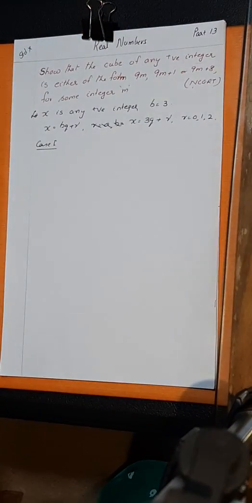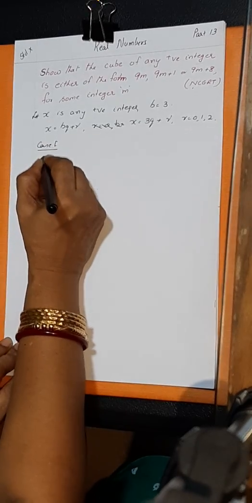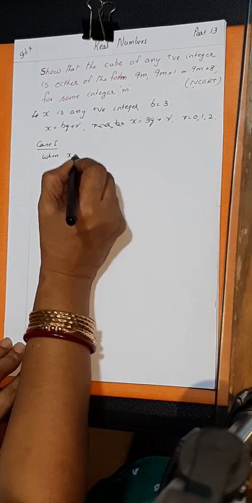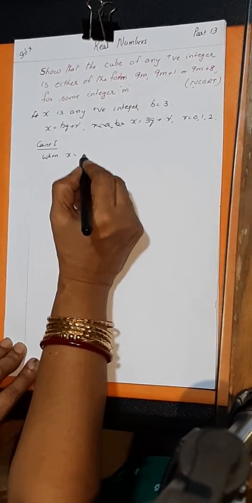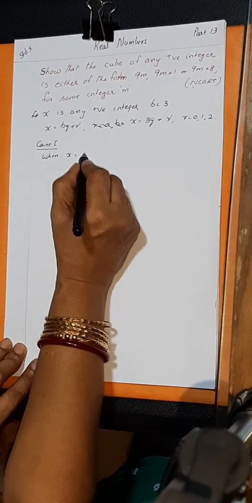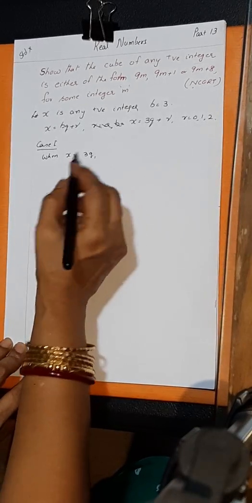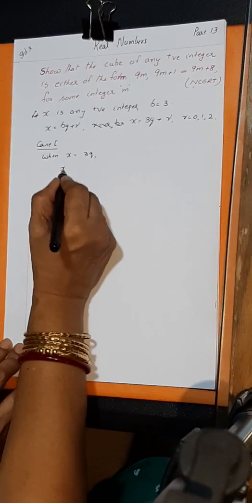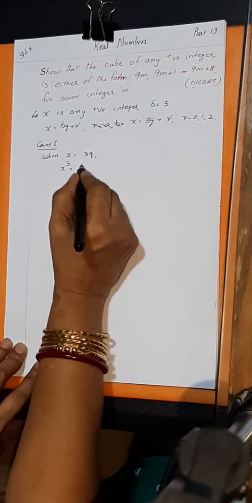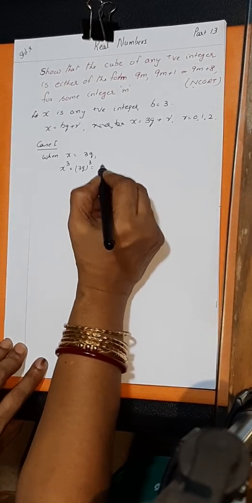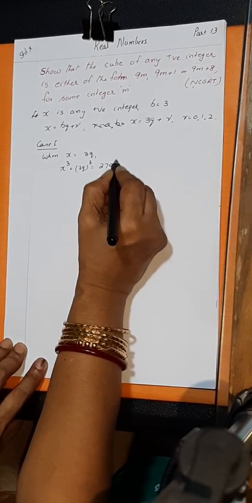Now we have to find the cube. When r is equal to 0, x is equal to 3q. Then we have x cube is equal to 3q the whole cube, so that is equal to 27q cube.